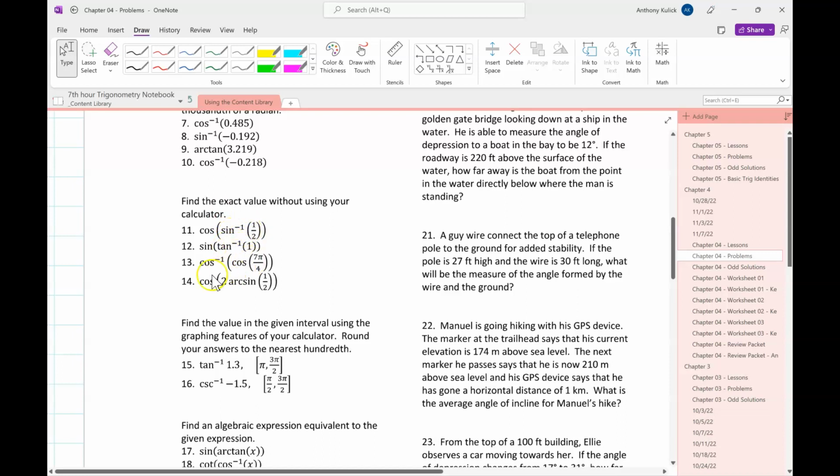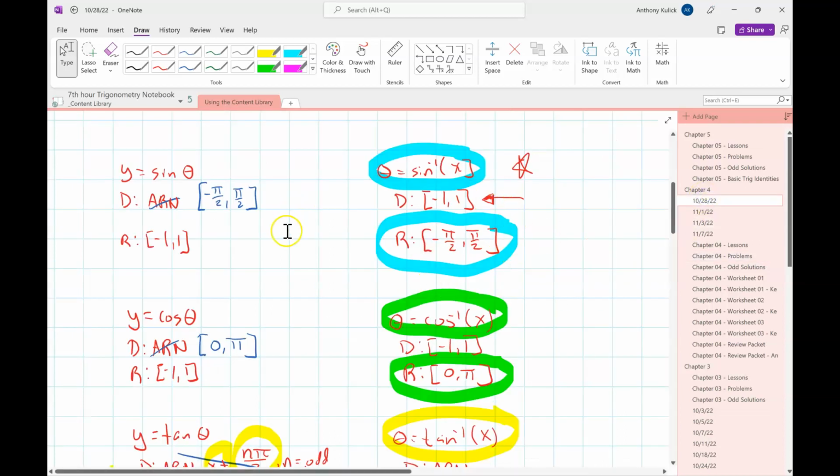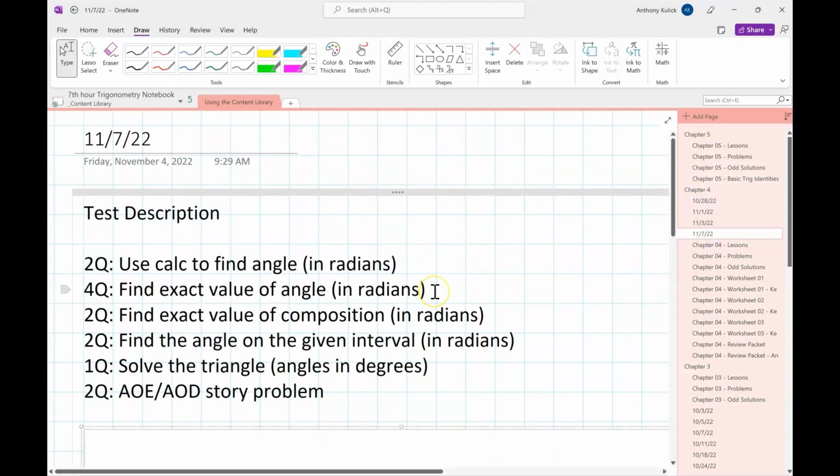And notice that we have inverses in here, right? But we don't have a specified interval. So what are we going to be using also? The ranges for those inverses. Again, please make sure you write those down on your note card. That'd be something very helpful.